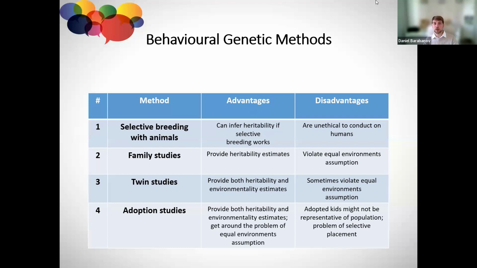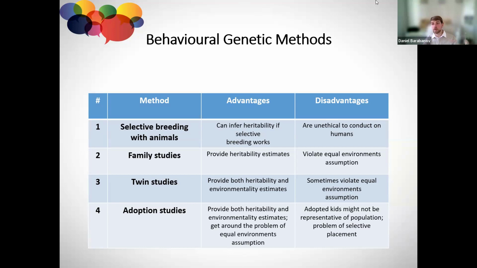And children who get adopted also usually come from very specific families, because usually people don't give away their children, right? So it's not a typical common situation which we encounter all the time. So both children and parents can be very specific, and in this sense, the results of the study cannot be easily generalized to the overall population.